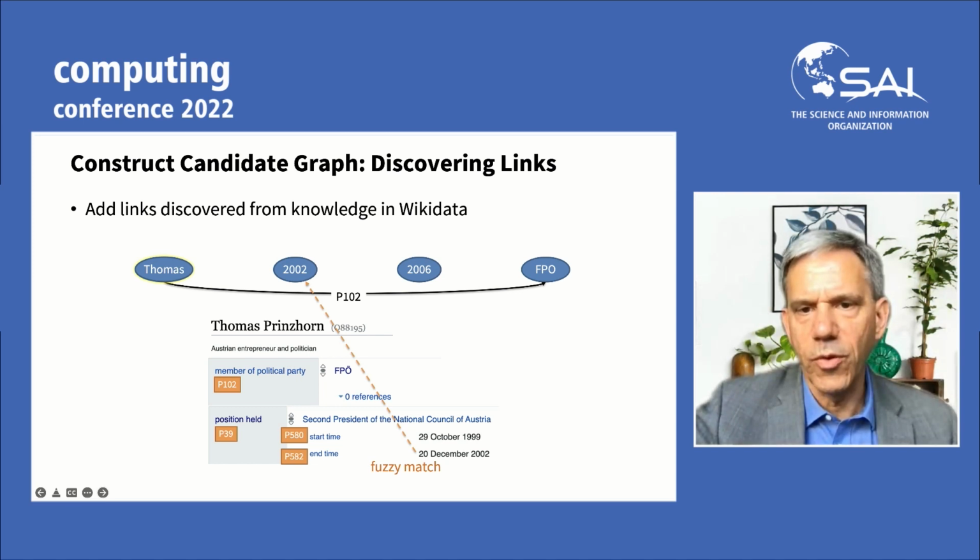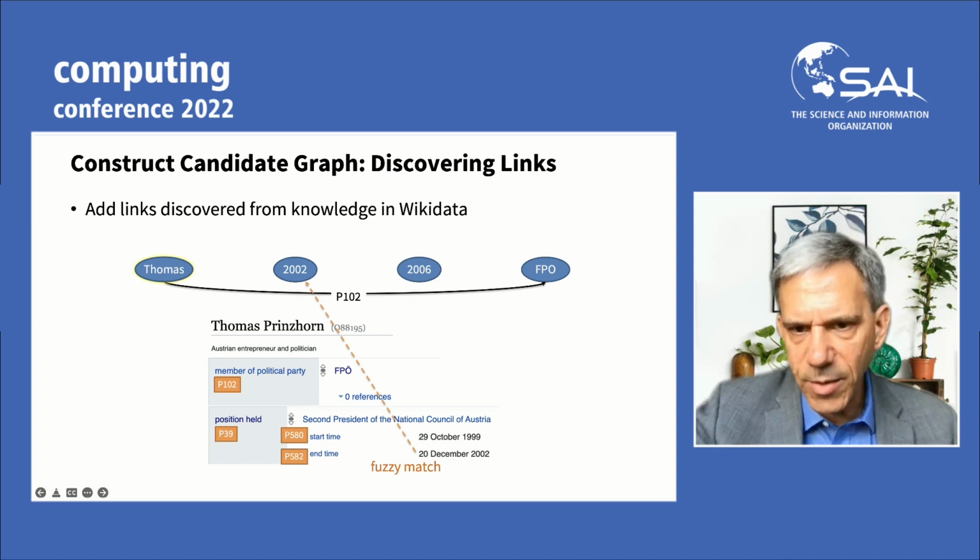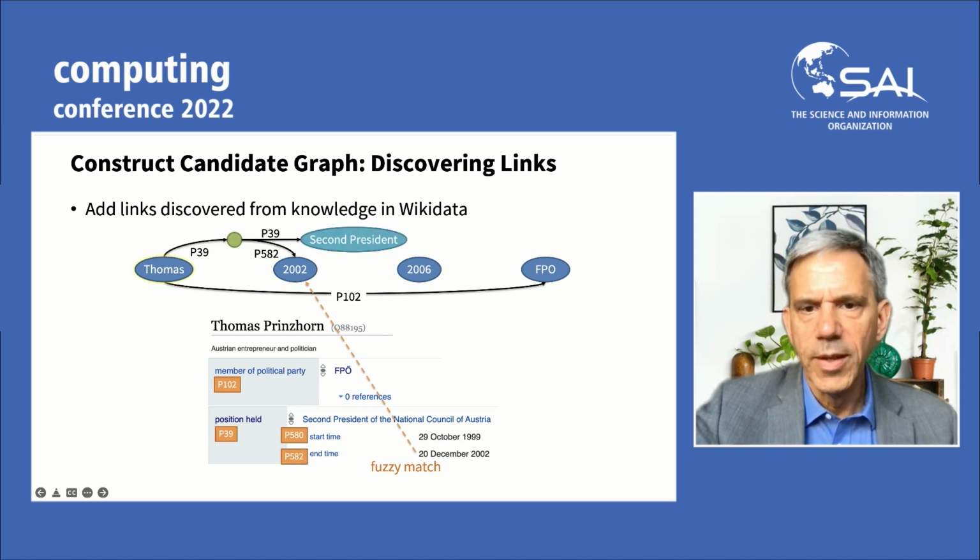So we can do it with respect to the years. On years, we'll have to do some kind of fuzzy matching here to recognize that they're not the exact same string. This is sort of 2002 is part of 20 December 2002. But we can basically make this same kind of inference that he was second president. And notice this example, which is that Thomas Prinzhorn was both a second president and a third president, just in different years.